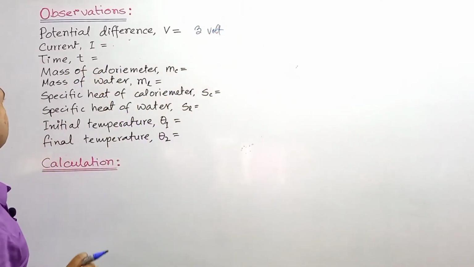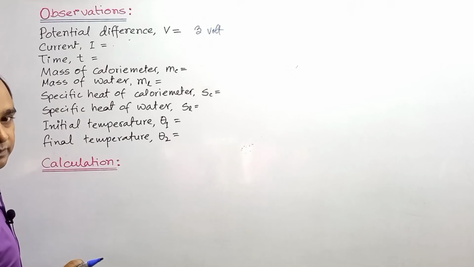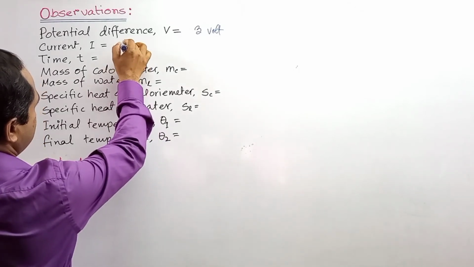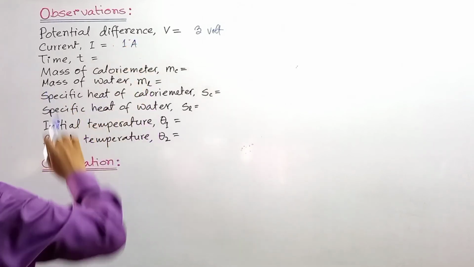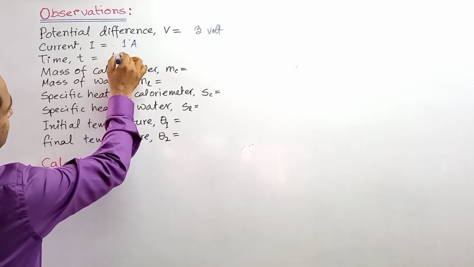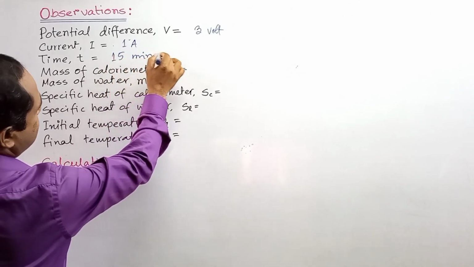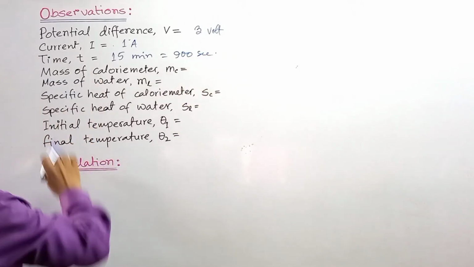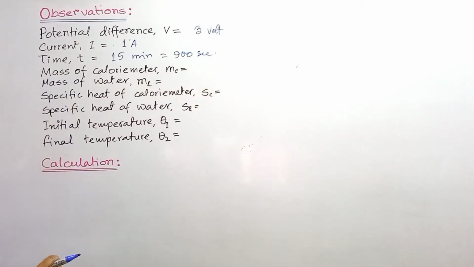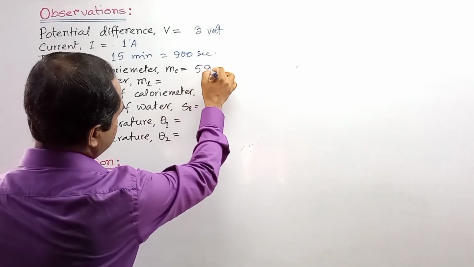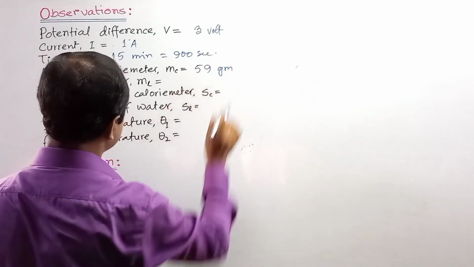Then the value of the current passing through the heating coil, which we observed from the ammeter, it was 1 ampere. Then the time of our experiment was 15 minutes, that is 900 second. The mass of the calorimeter was 59 gram, right?